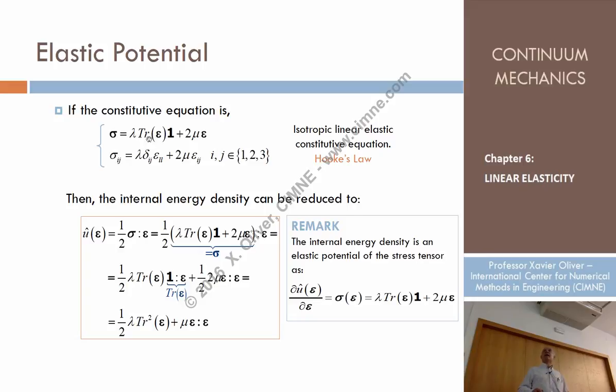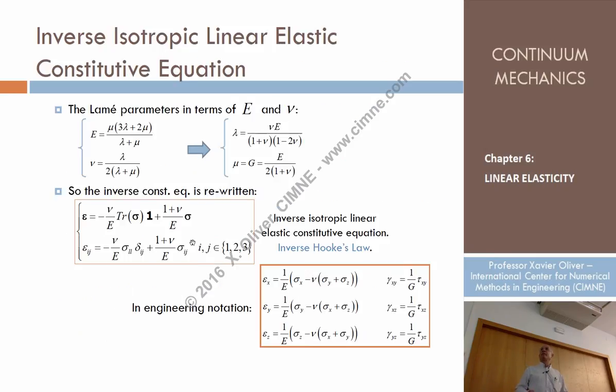Okay? Now, instead of lambda and mu, we define this law in terms of the Young modulus and the Poisson ratio, which, by the way, once we know them, provide lambda and mu. If you have E and nu, the Young modulus and the Poisson ratio, and you want to compute lambda and mu, the Lamé coefficients, just replace here.